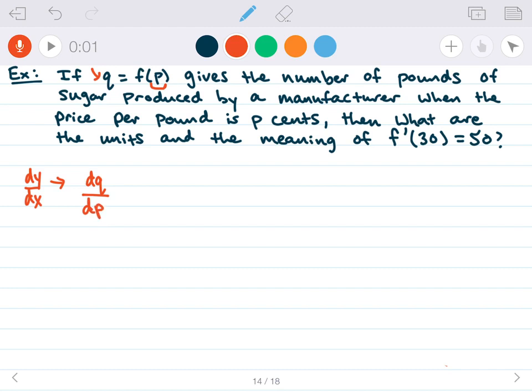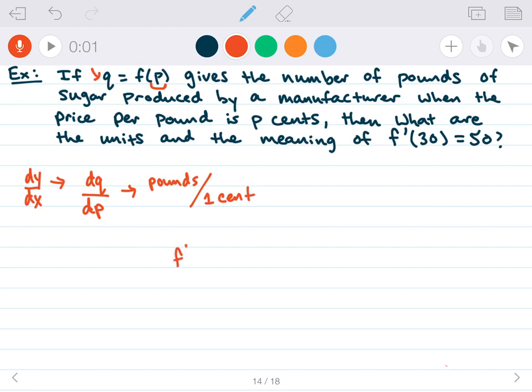And what are the units? Q is the number of pounds, and P is in cents. So pounds per cent, that's our units here.